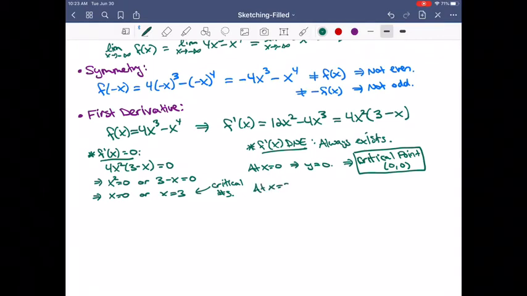But when x is 3, the y value is going to be 4 times 3 cubed minus 3 to the power 4, which is 27. Okay, so that gives us another critical point at 3 and 27.